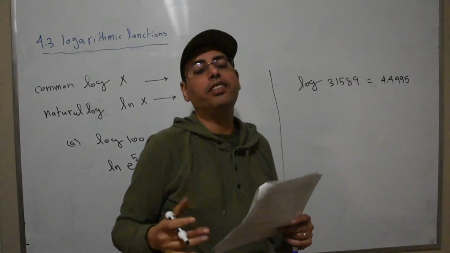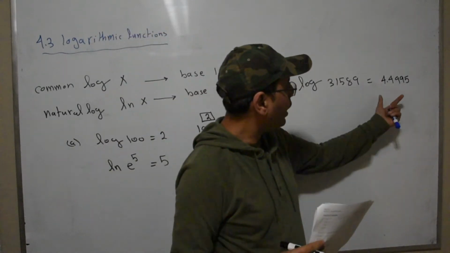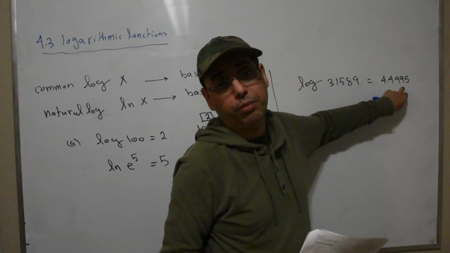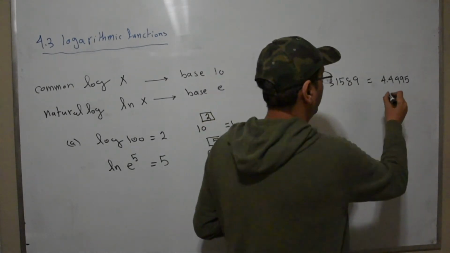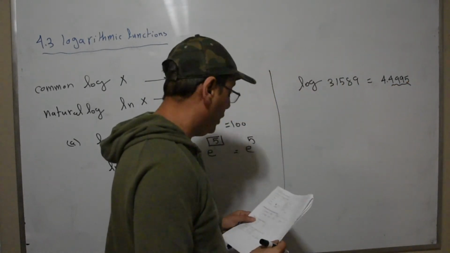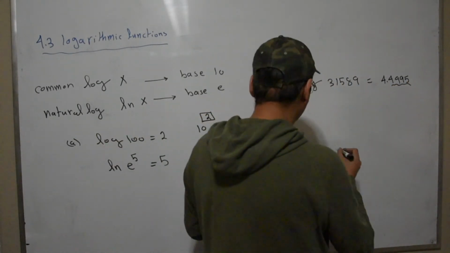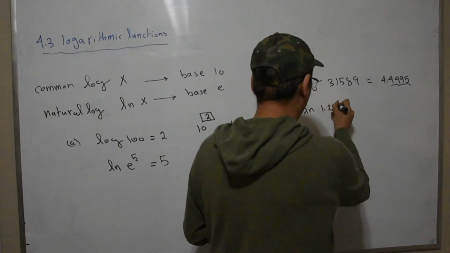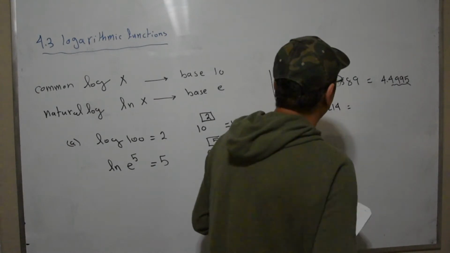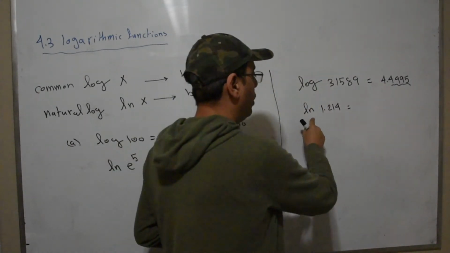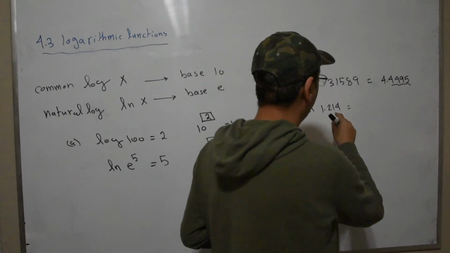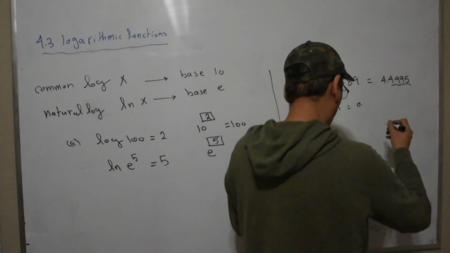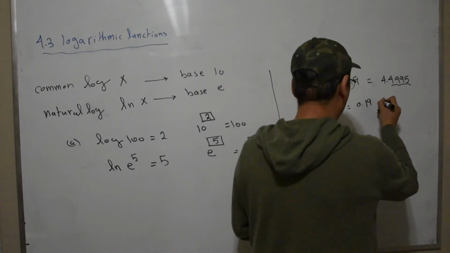By the way, in your exam and in your homework, I don't ask you for many decimals, but you must provide 4 decimals. So always 4 in logs. Okay, another example. The natural log of 1.214. You type ln, or natural log, 1.214 in your calculator, and you must get 0.1939.